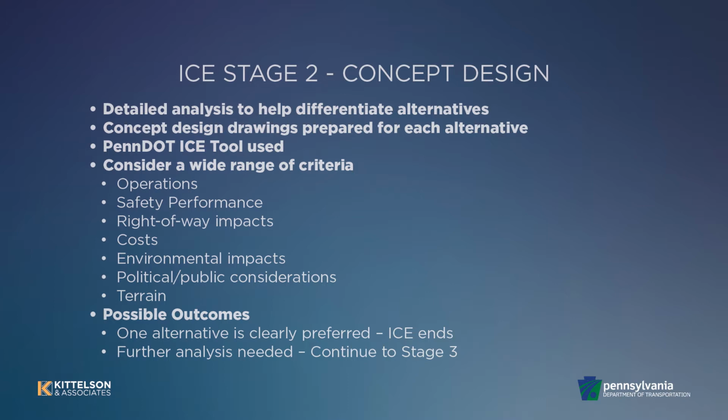Traffic operations, safety using the PennDOT HSM tool, costs, right-of-way impacts, environmental impacts, input from the public and local government, as well as system effects and multimodal effects. ICE for a given project may end at stage 2, or if more than one alternative is still viable, it may advance to stage 3.